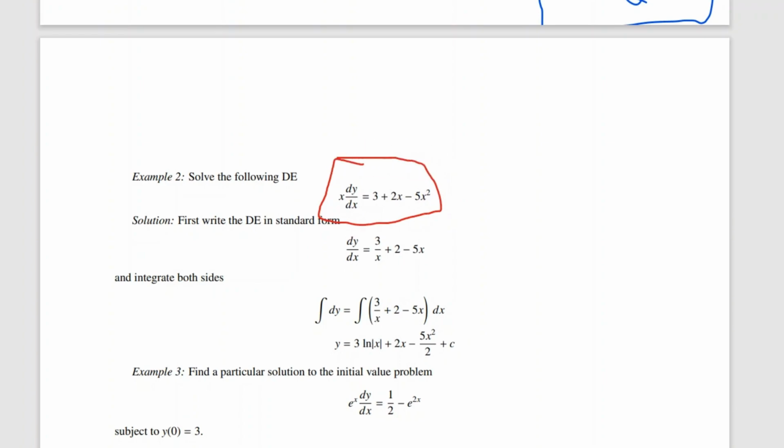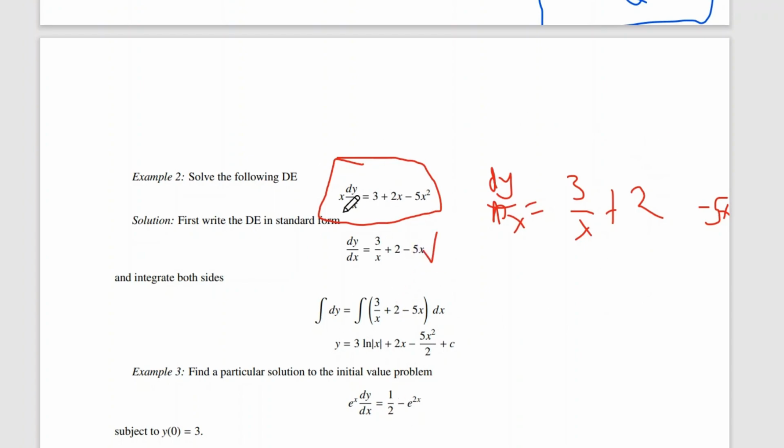Here is example number 2: dy over dx multiplied by x is equal to 3 plus 2x minus 5x squared. First things first, we need to divide throughout by x. That means dy over dx is equal to 3 divided by x plus 2 minus 5x, because we divided everywhere by x.